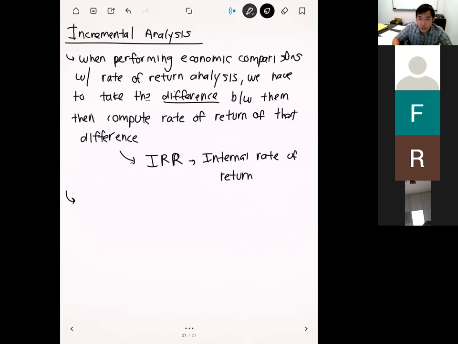Right. And then once you compute the internal rate of return, you're going to compare that to another interest rate called the minimum attractive rate of return.